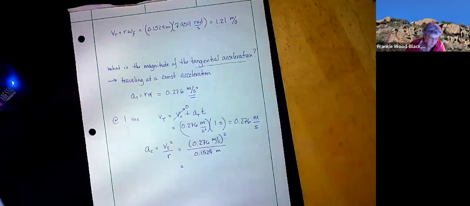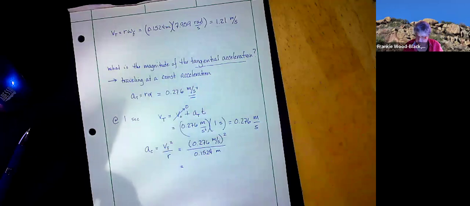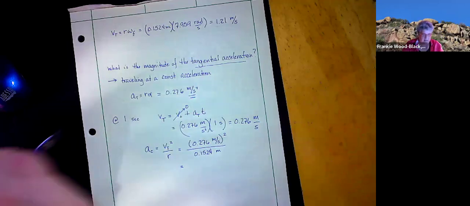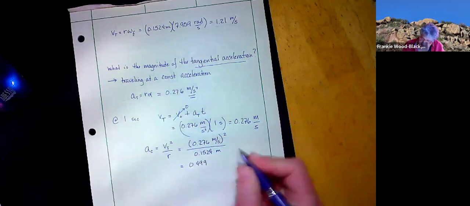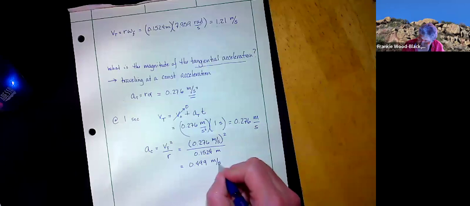If I plug all of that in, 0.276 squared divided by 0.1524, I end up with 0.499 meters per second squared.